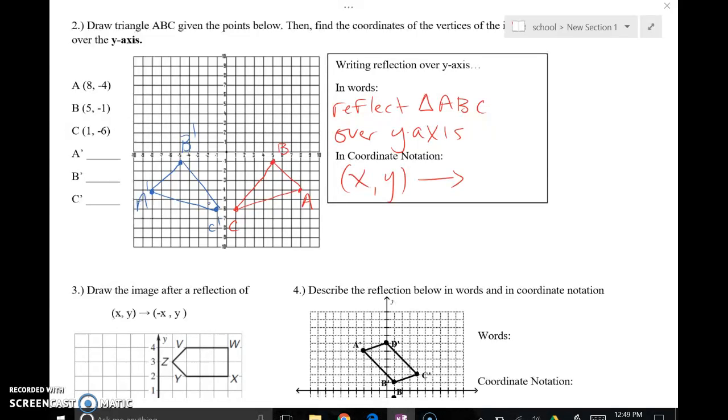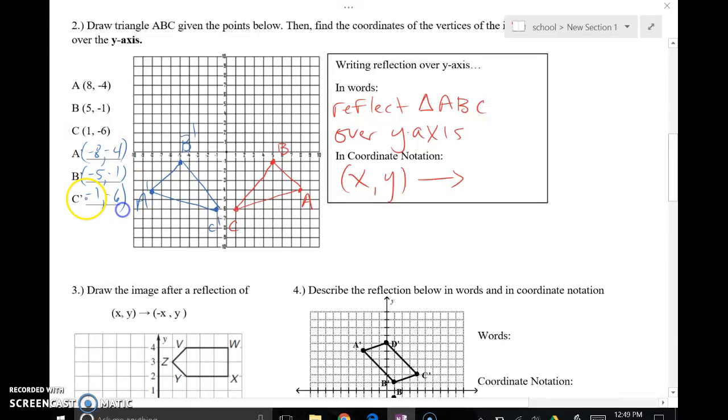And take a look at what the coordinates for my new image points are. A is -8, -4. B is -5, -1. And C is -1, -6.